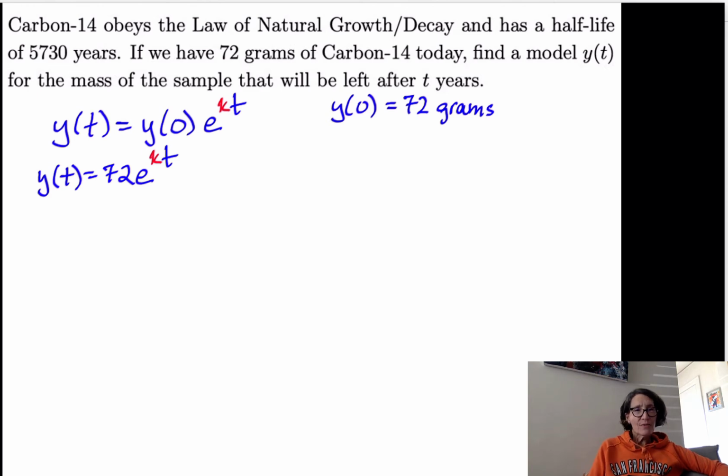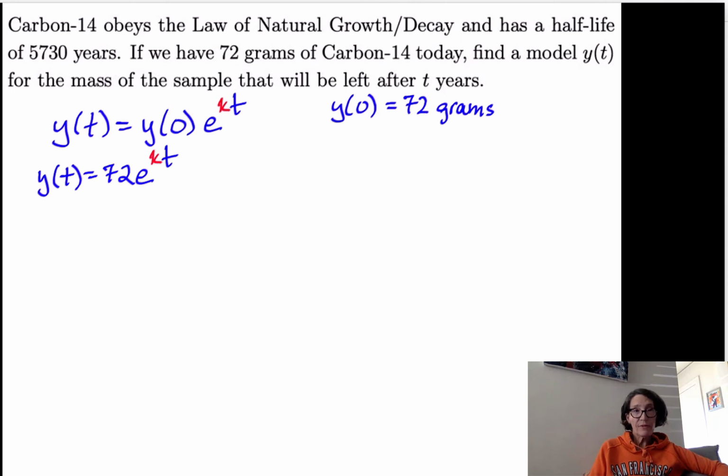Also, what does the half-life mean? Half-life of a substance means the amount of time it takes for the amount of the substance to decrease to half of the original amount, so to be cut in half.